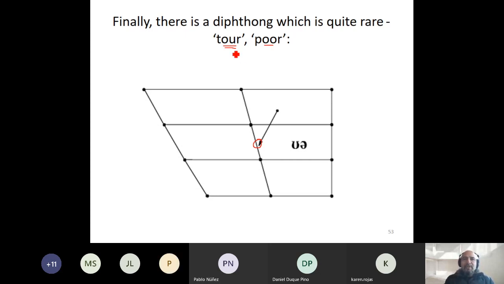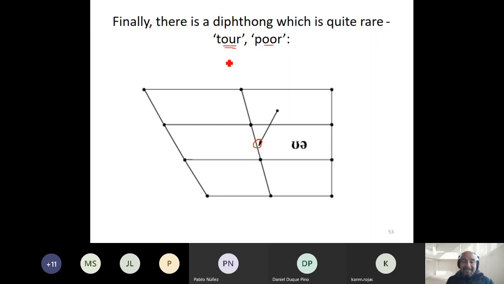So we have tour and poor. Have you heard these words with a different pronunciation, with a different accent? Probably you've heard tour and poor, right? I personally don't feel comfortable saying tour and poor.